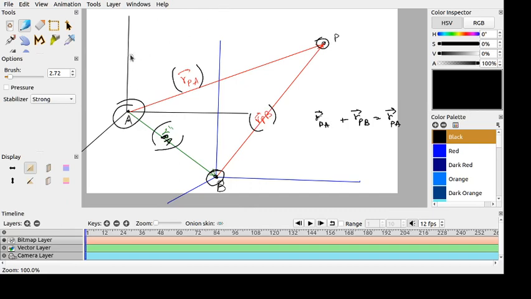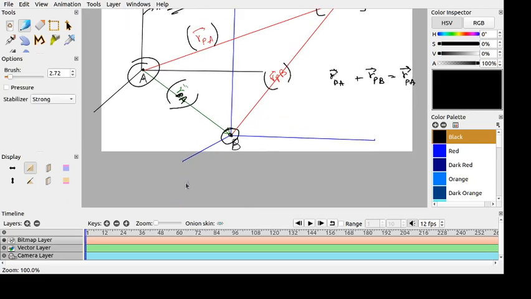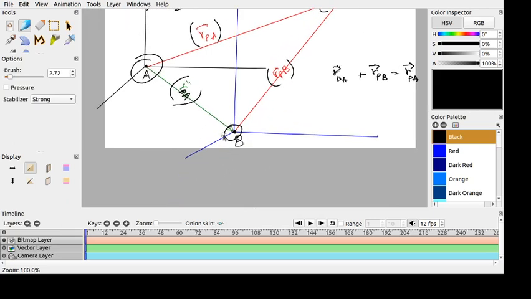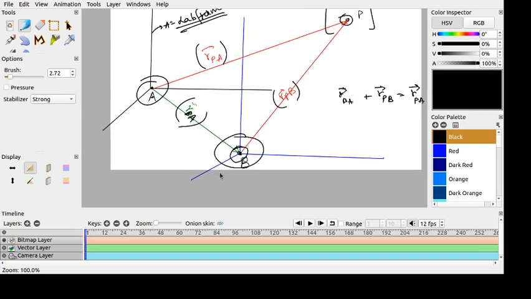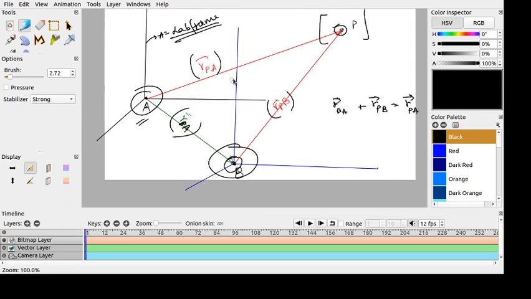We define A as the lab frame. What is a lab frame? A lab frame is that frame of reference that will observe the location of the object as well as any other observer that is observing the object. In this case, it's P. So A is the lab frame here.